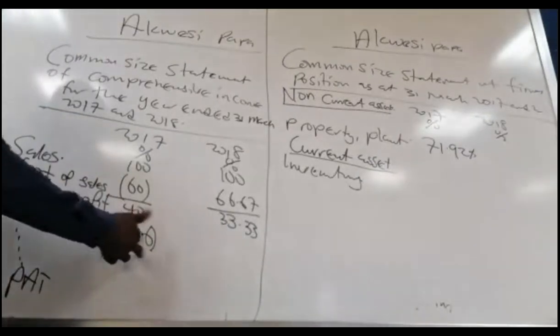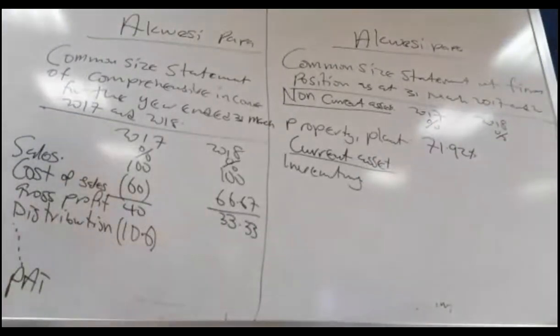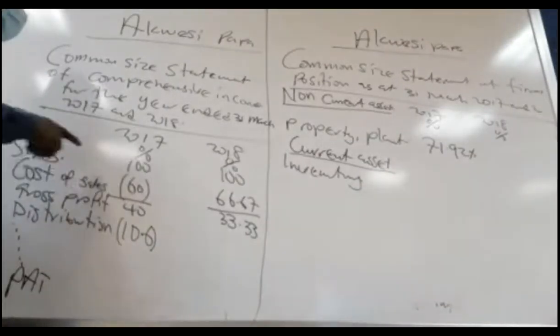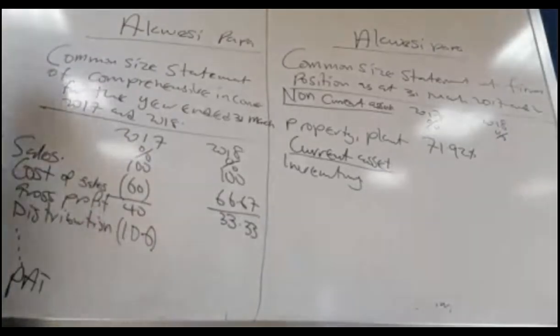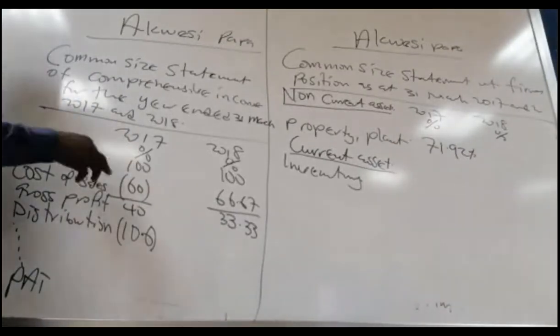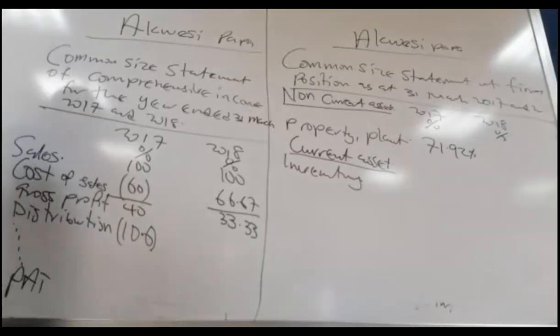Distribution cost represents 10.6% of sales. Descriptive. Then what can they tell us? If cost of sales is 60% of the sales, does it suggest that this company is a very good company or bad? If the majority of your sales goes into cost of sales, it's very bad, right? Good. So that's how the report starts.